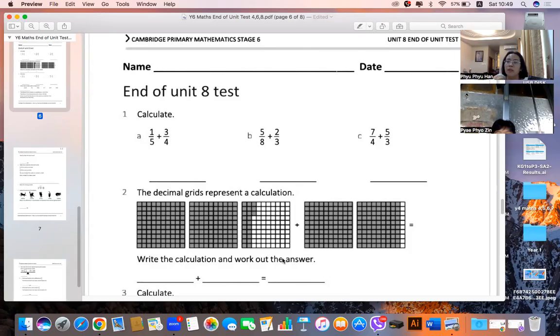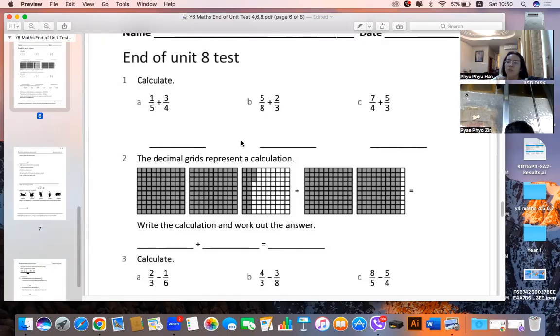If we want to summarize, you need to know the addition of fractions and also subtraction of fractions. For both addition and subtraction, we make the denominator the same. We find the common multiples, make the same denominator, and do the calculation. That is one thing we need to know.